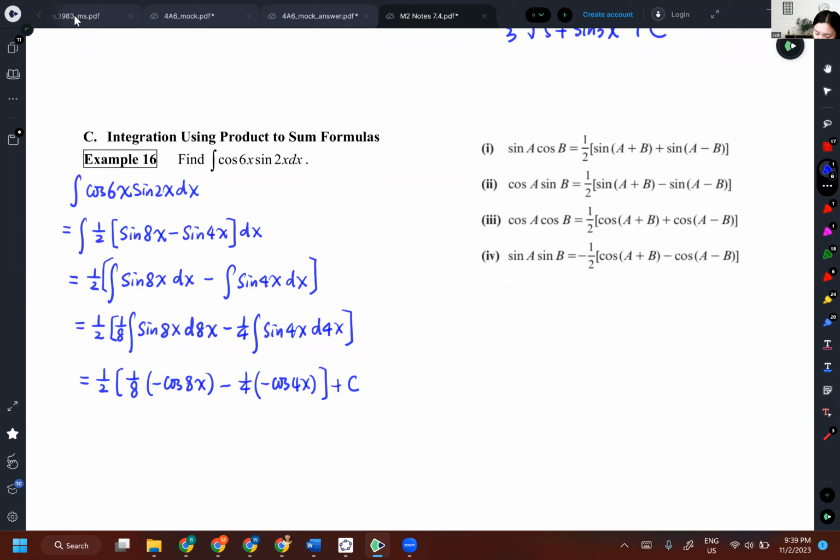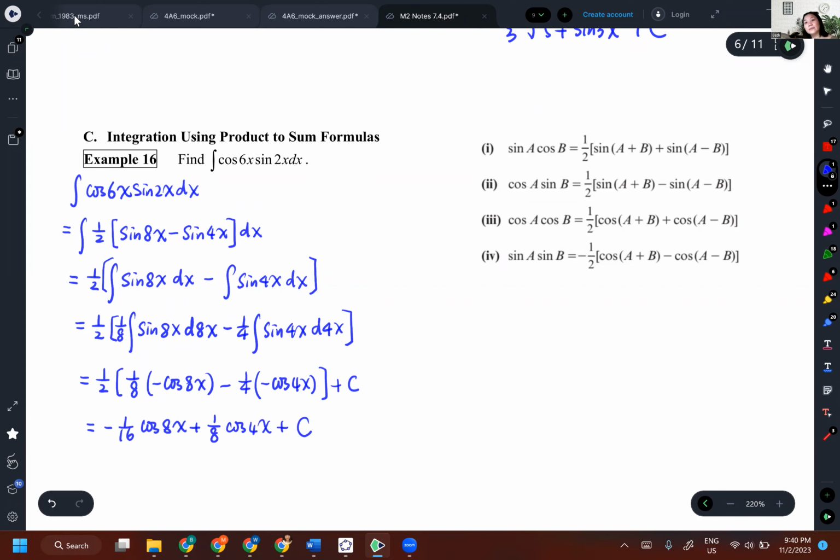I think so. So in the end, it's negative 1/16 cosine 8x, and then plus 1/8 cosine 4x plus c.